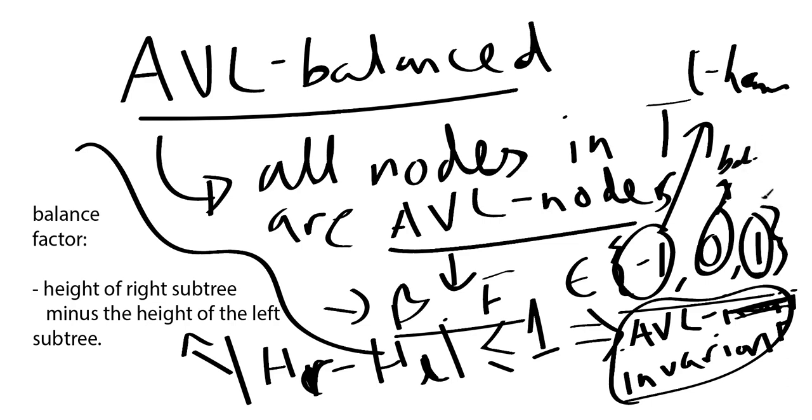And if it's 1, then as you can guess, it's right heavy. Okay, so it can be left heavy if it's -1, right heavy if it's 1, or it could be balanced if the balance factor is 0. Okay, so let's get that out of the way.